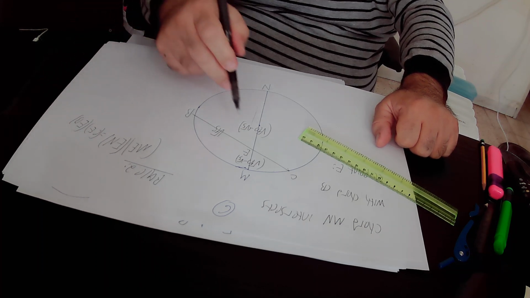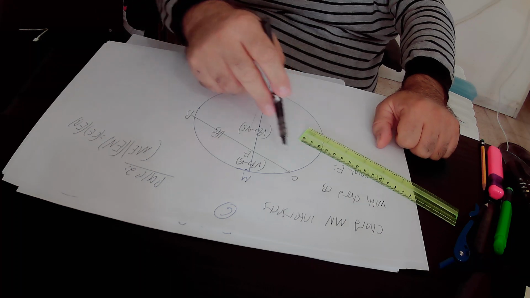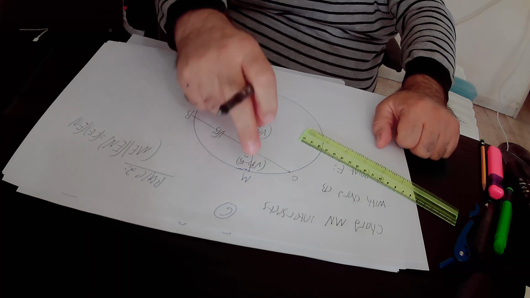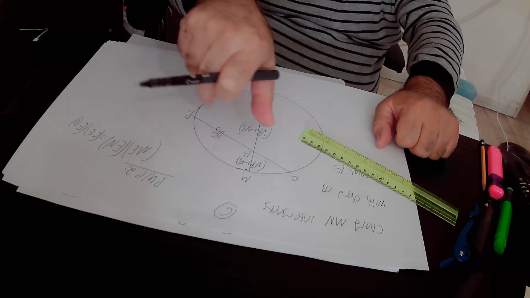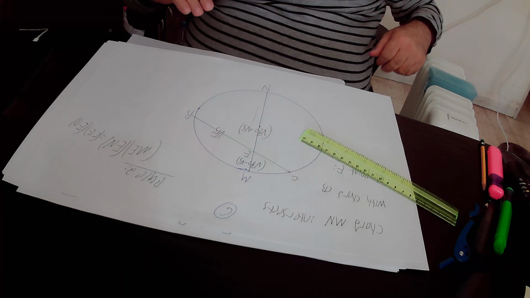I'll repeat again, because chord MN intersects with chord CB at point E, therefore ME times EN equals CE times EB according to rule number 2.